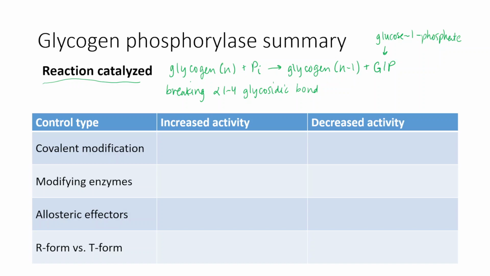Okay, so let's start filling in this table. We just mentioned that our covalent modification is phosphorylation. So is phosphorylation going to increase or decrease activity of our enzyme? Increase, yeah.